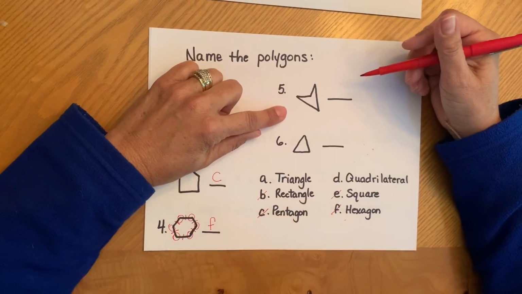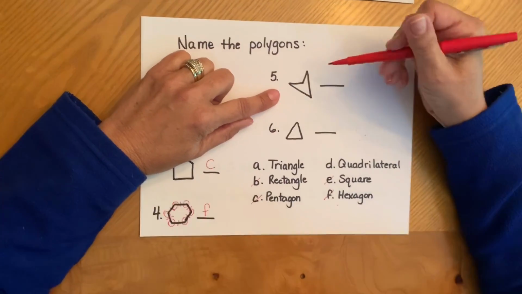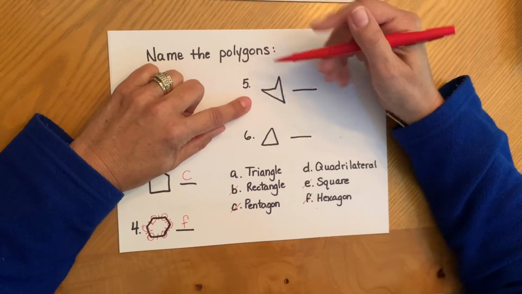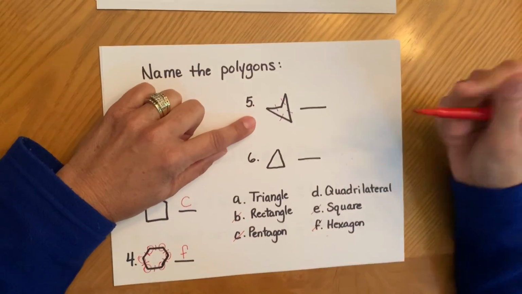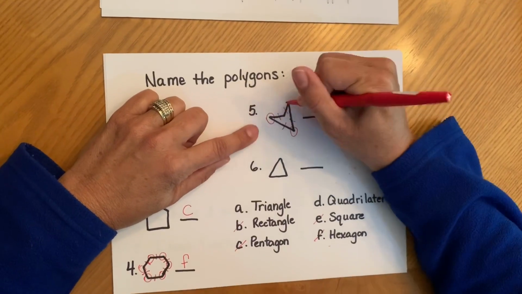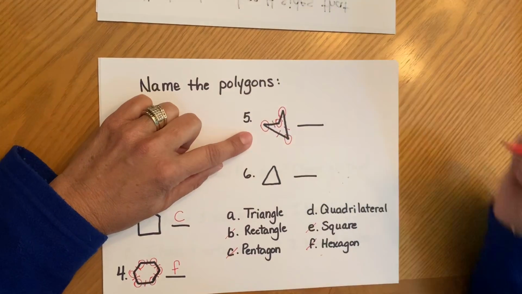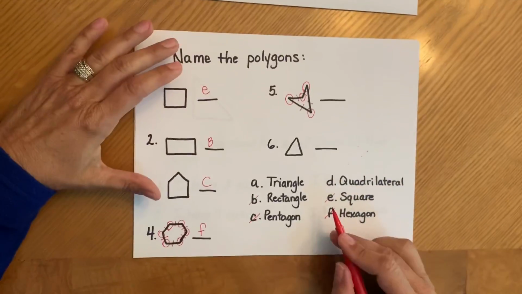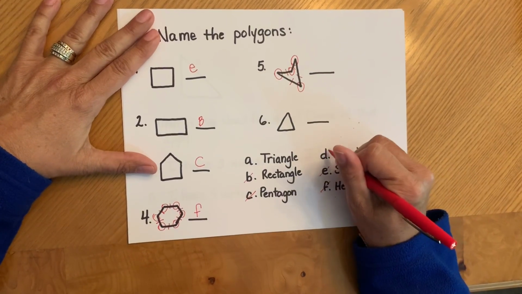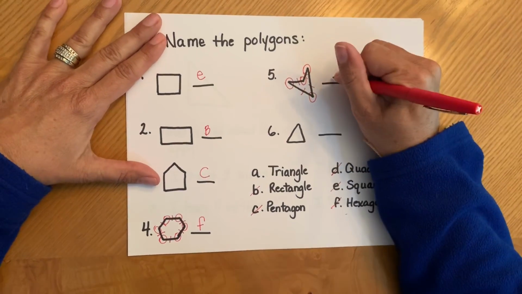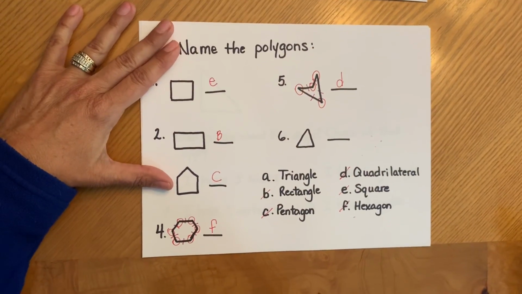Now this one, it's an odd shape, but it is a closed figure. It has 1, 2, 3, 4 sides, 4 vertices, and 4 angles. That is not a square and it's not a rectangle, so this can only be called a D, quadrilateral.